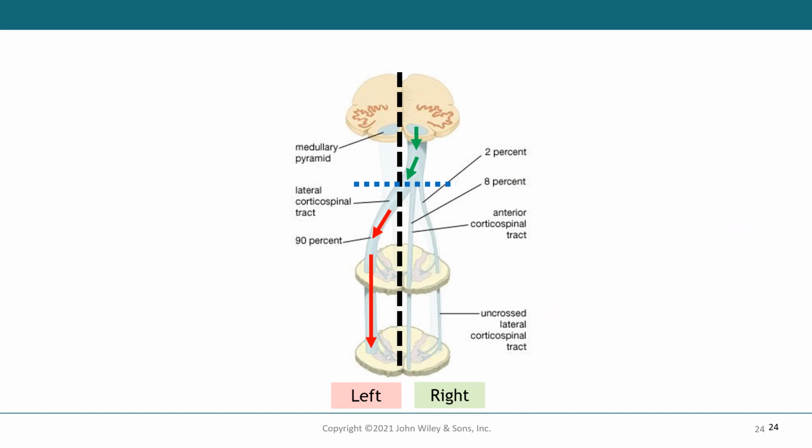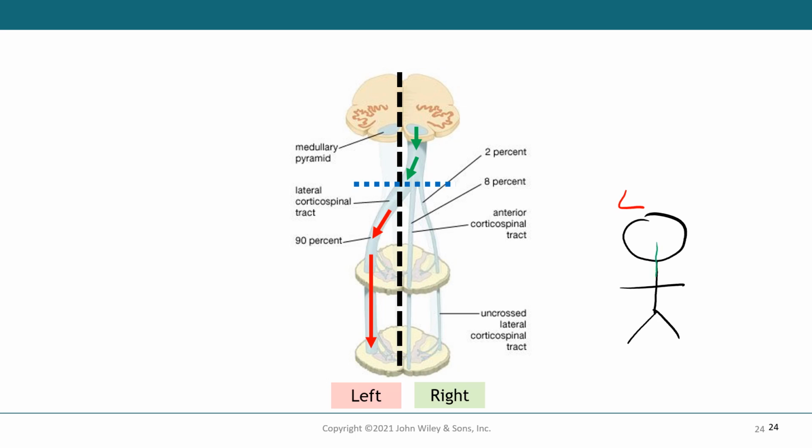To explain the importance of this decussation of the pyramids, I'm going to make a diagram of a human being. You know that humans have a left hemisphere, and that left hemisphere is in charge of controlling the voluntary movement of the opposite side of the body.